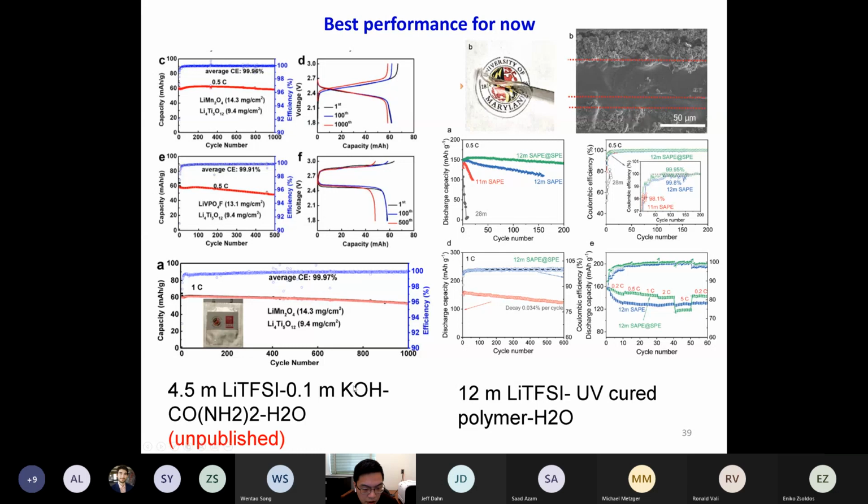So I think most of this KOH is dissolved into the urea, which means the hydroxide group and the potassium cation actually didn't dissociate, so it won't participate in the electrochemical reaction here. We actually tested the material very carefully and didn't see any sign of this intercalation. Okay, thank you.